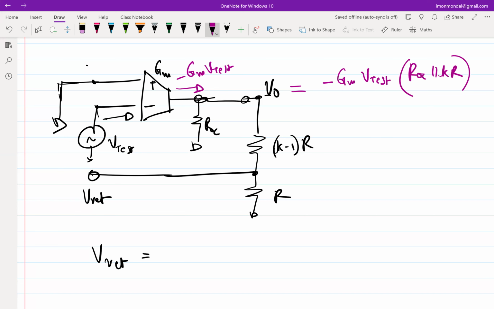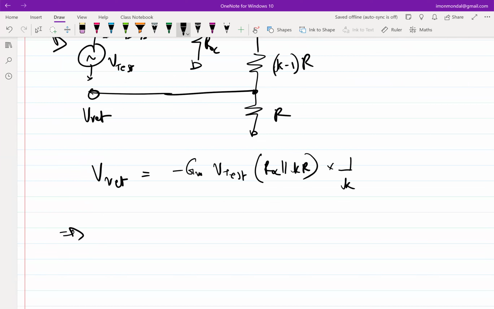Okay. So what will be V return? That divided by K, right? So V return will be minus GM V test ROC parallel KR times 1 over K. So negative of V return over V test, which is the loop gain, is GM over K times ROC parallel KR.